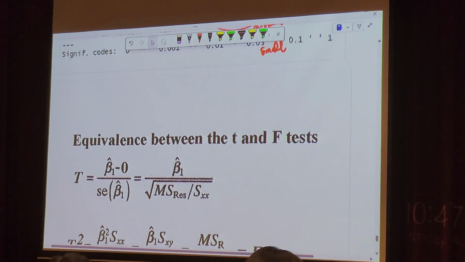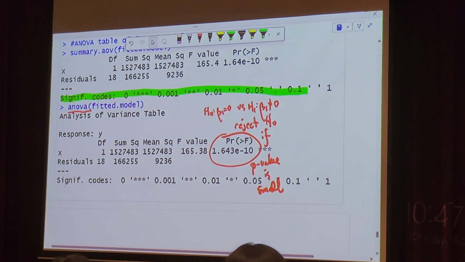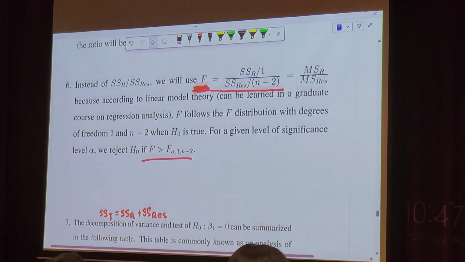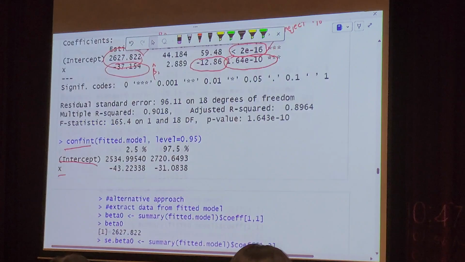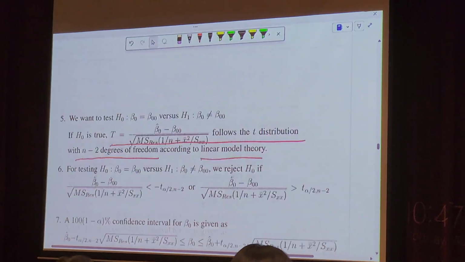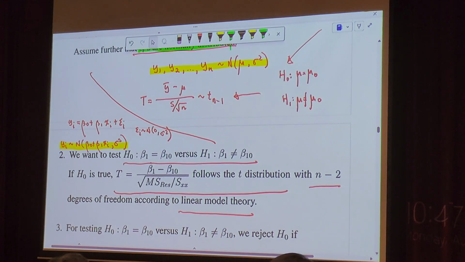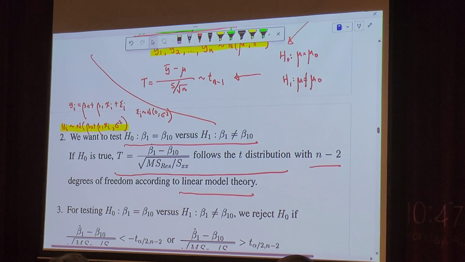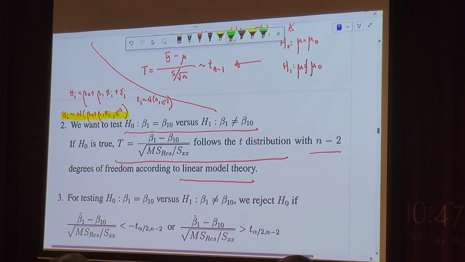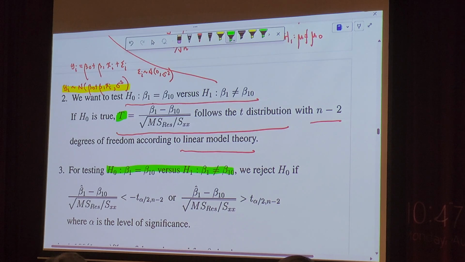Here I'm using the f-test to do this test. But earlier, right at the beginning of the lecture, I talked about this case and I used a t statistic.